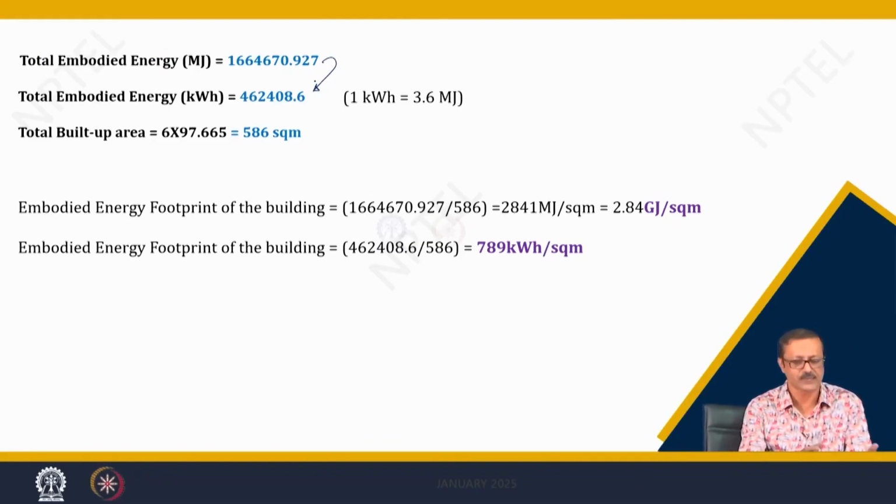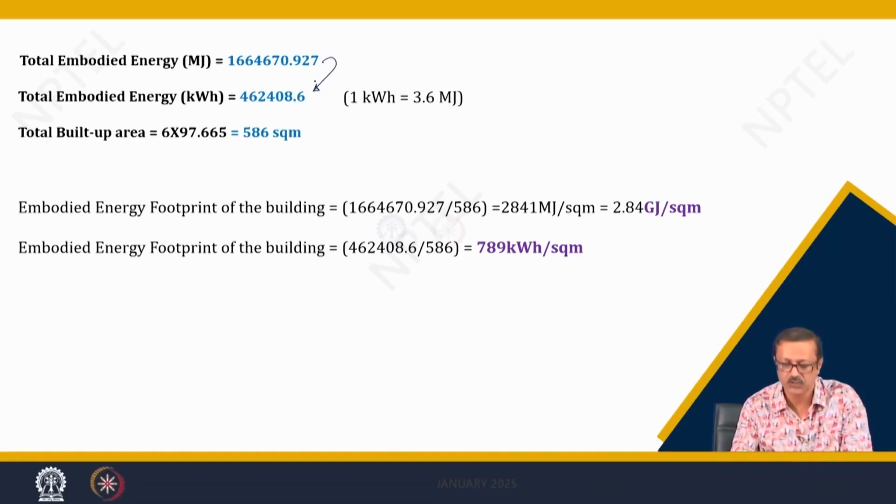I have not calculated the central part in the total built-up area. I have calculated the total built-up area of all the 6 apartments, which is 586 square meter. So, I tried to estimate the energy footprint of the building.